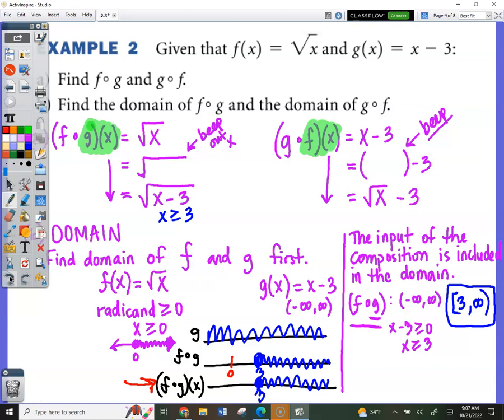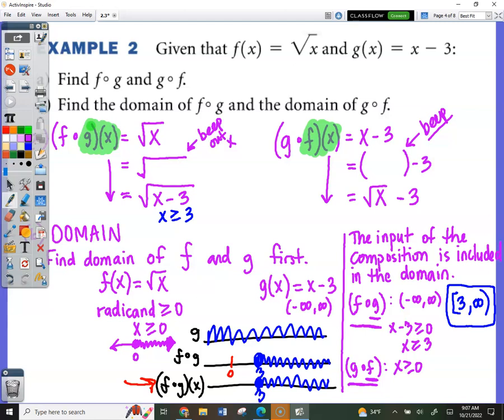So g of f. I'm running out of room. g of f. All right. So what's the domain of f, y'all? It's x is greater than or equal to 0, right? Domain of f. Okay. Now look at the equation g of f.